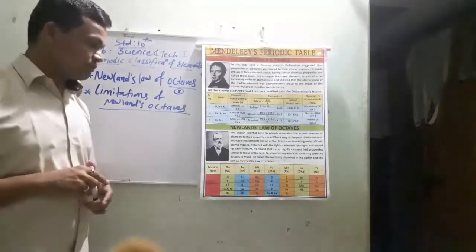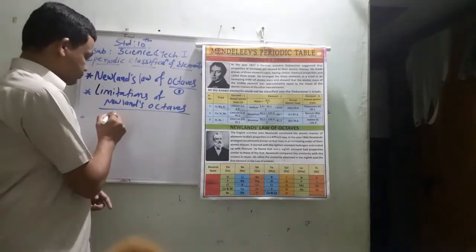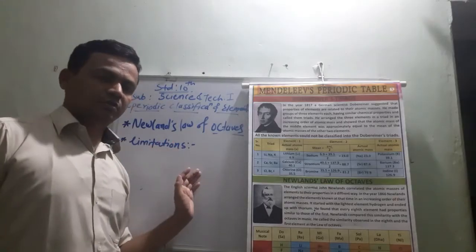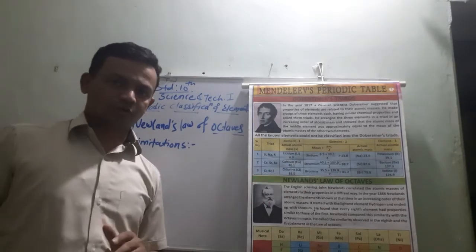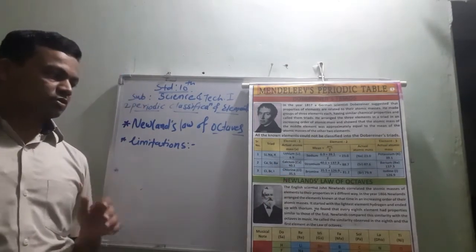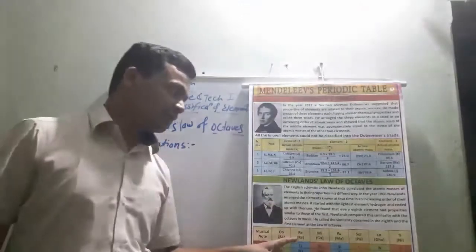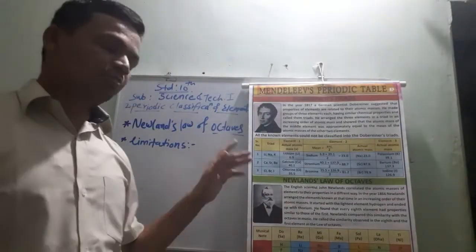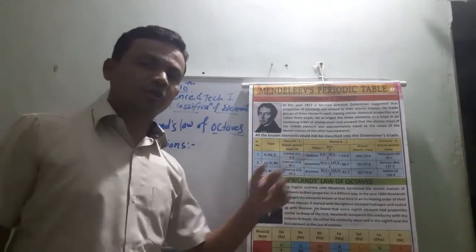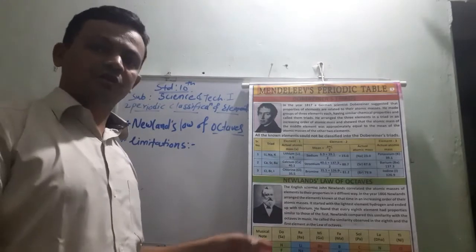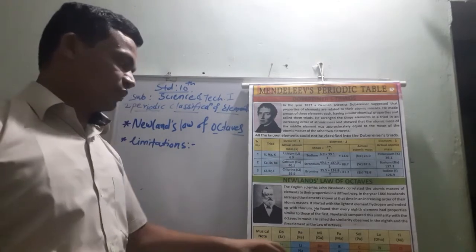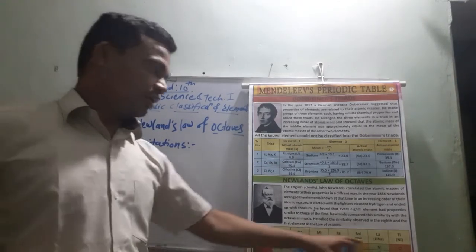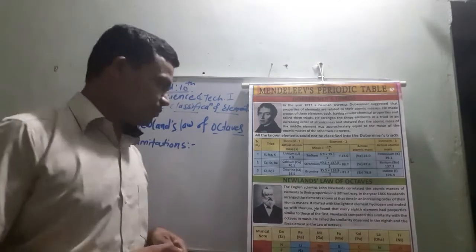We will see here. We have seen Newland's law of octaves, in which he found that every 8th element had properties similar to the first. We have seen different examples also. That is, from lithium, the 8th element is sodium.